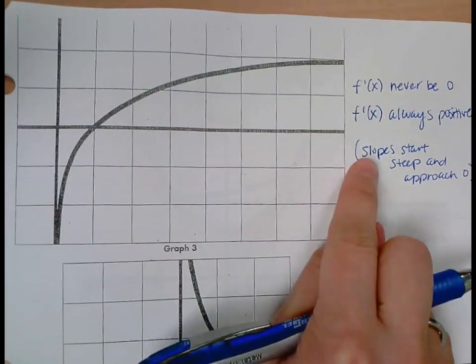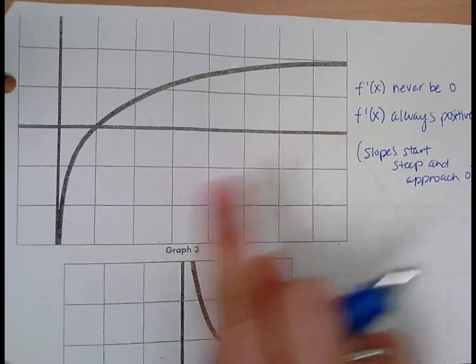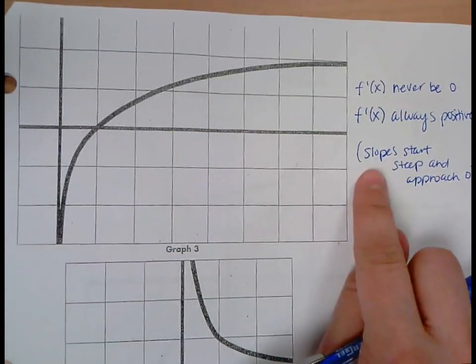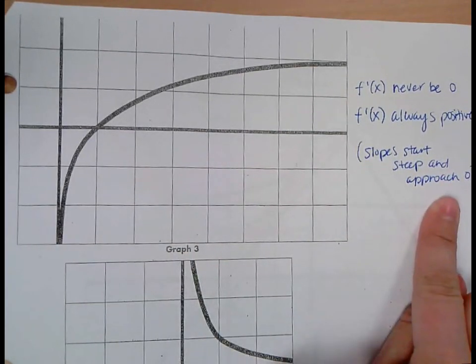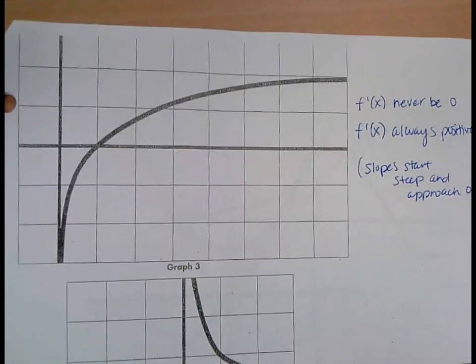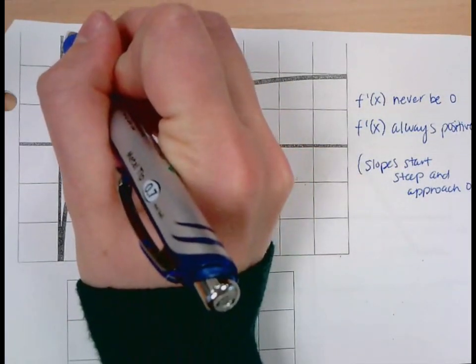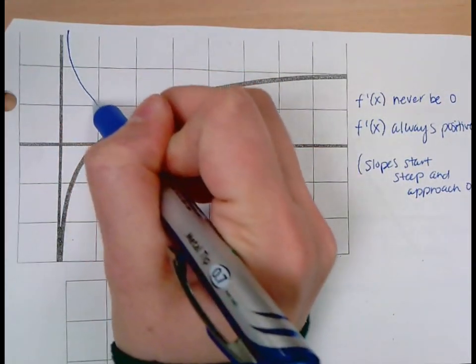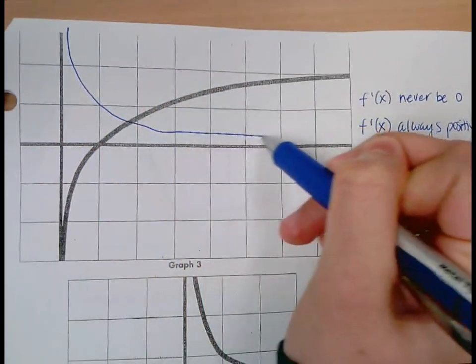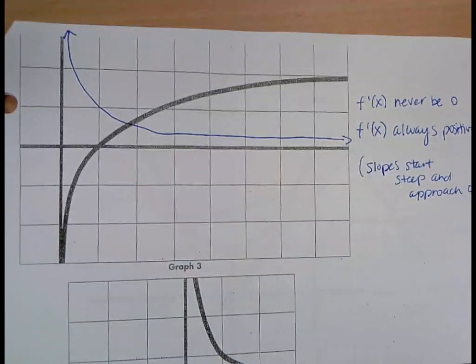This means the y values on f prime are going to start out very, very large because those are steep slopes. But then f prime is going to approach 0. And again, it's always above the x-axis and never actually touches the x-axis. So f prime is going to start out with high y values and approach 0, but never actually touch it. And there's your graph of f prime.